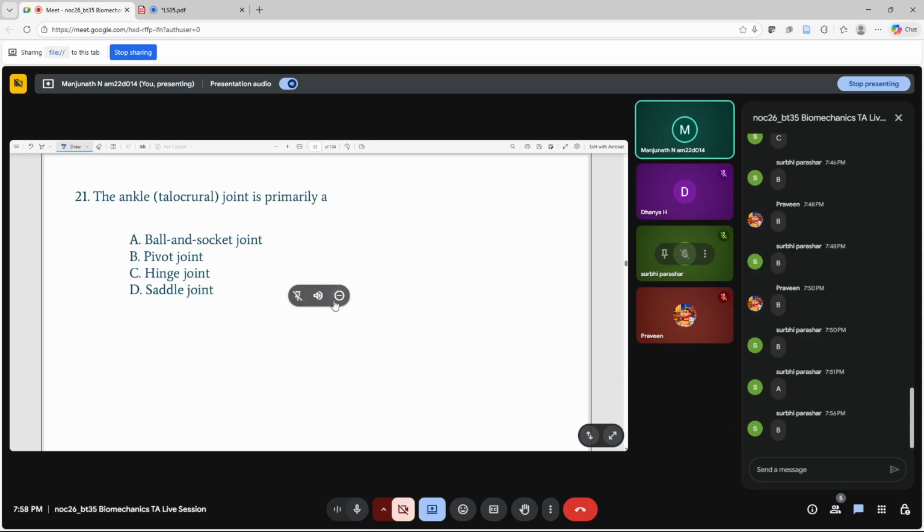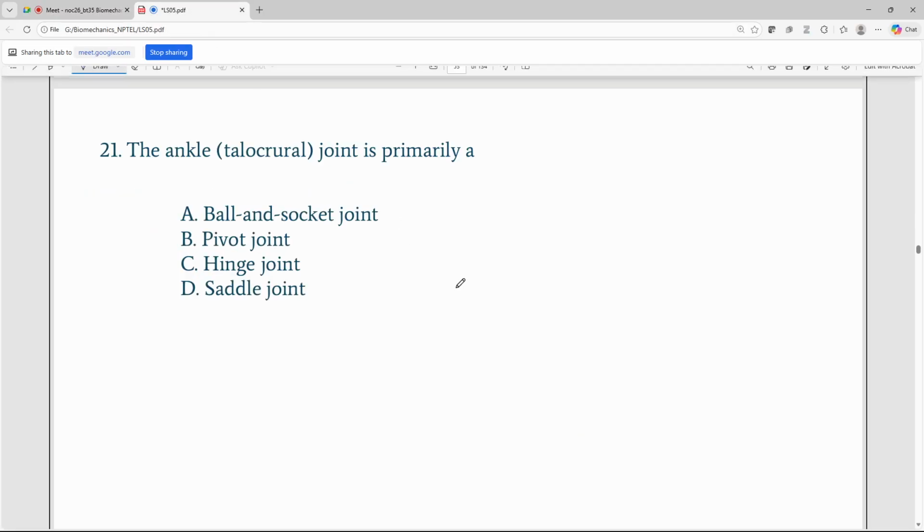Try to answer the question. Our answer is option C, hinge joint.